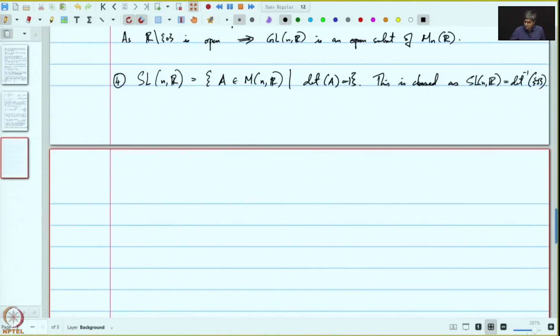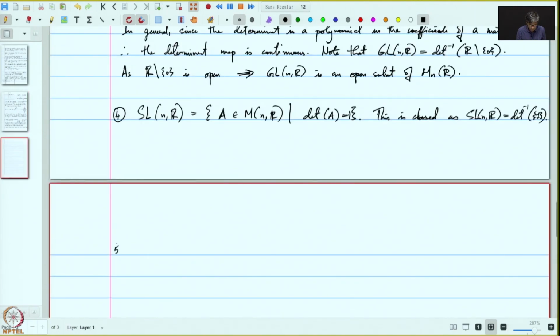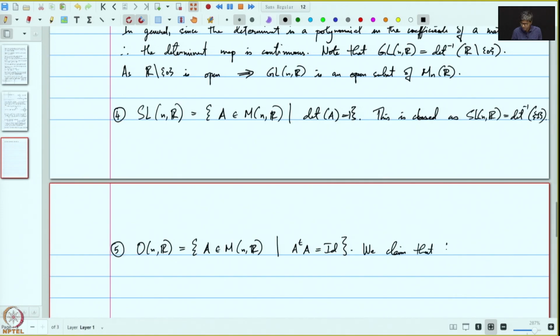And yet another example we saw was the set of orthogonal matrices, right? This is those A in MNR such that A transpose A is equal to identity, right? So we claim that this is a closed subset.